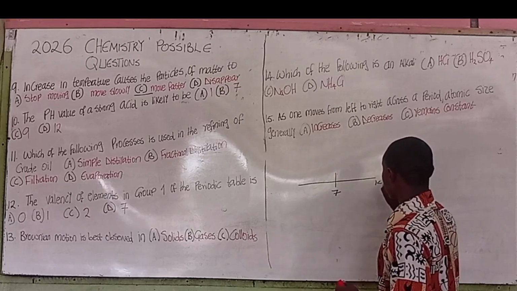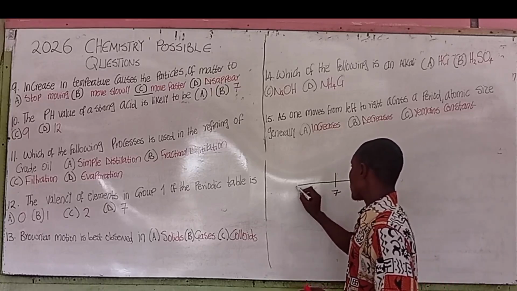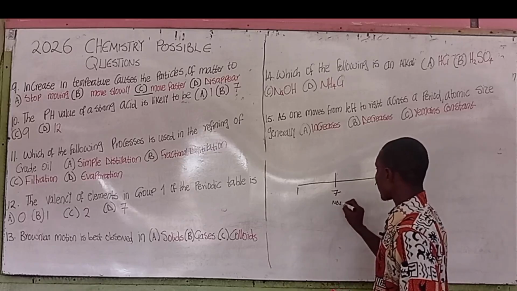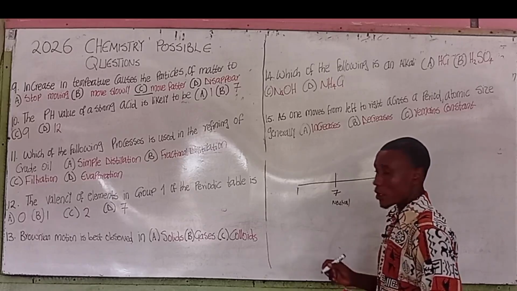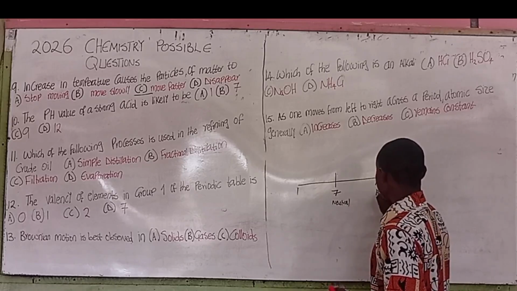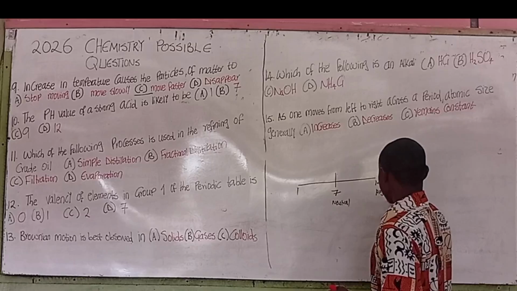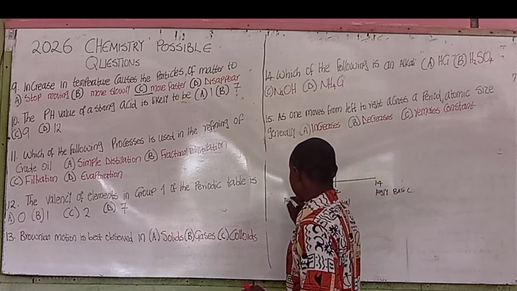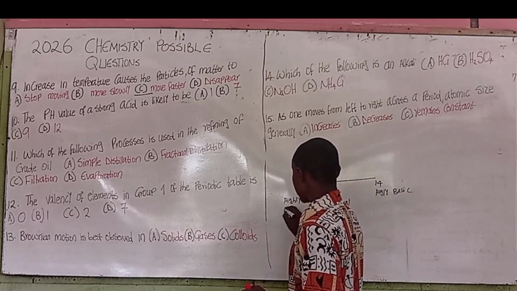We have 14 and we have 1. This is neutral, at the middle. This end is highly basic. And here is highly acidic.